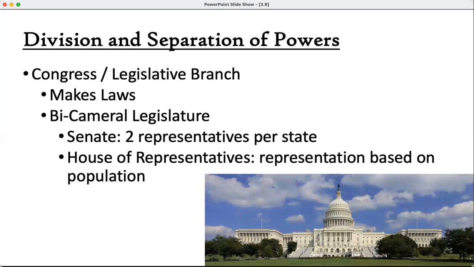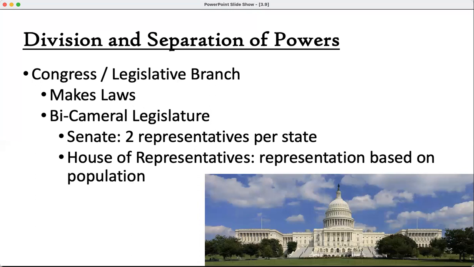Section 7, how laws are made. Well, all tax bills must start in the House of Representatives. So the budget starts in the House. For a bill to become a law, it must be voted on in both houses. So a law starts out in either the House or the Senate as a bill.